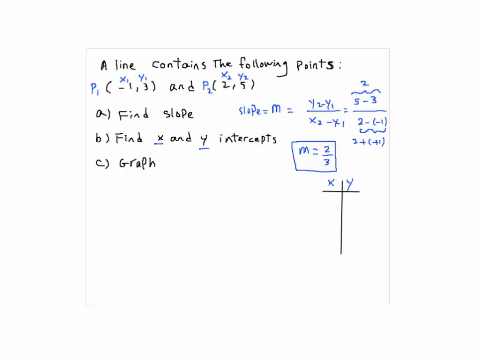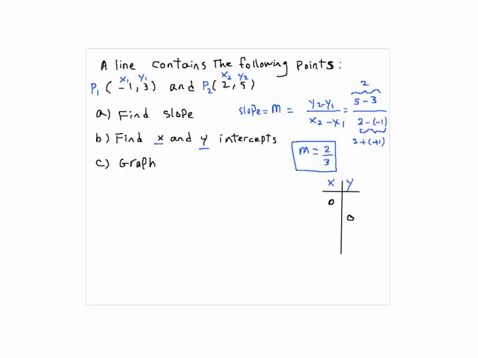Okay, you let x equal to 0, solve for y. That gives you the y intercept. You let y equal to 0, solve for x. That would give you the x intercept. But we need to write down the equation of the line first, right?